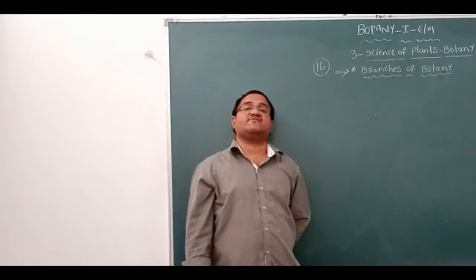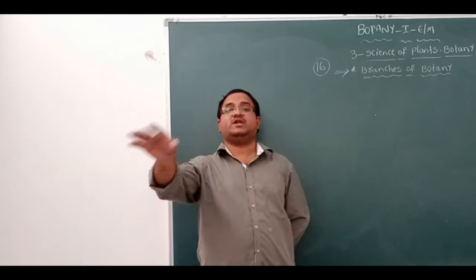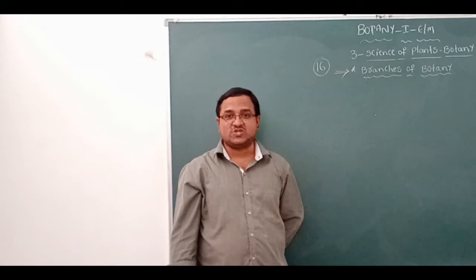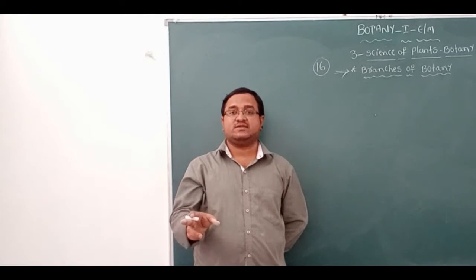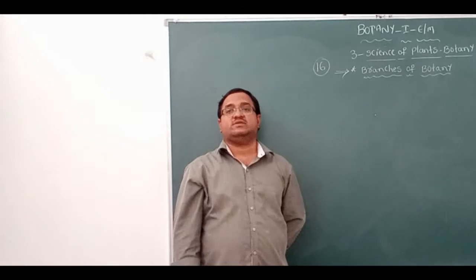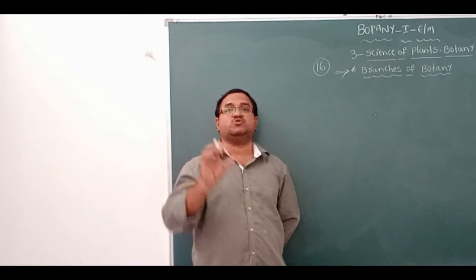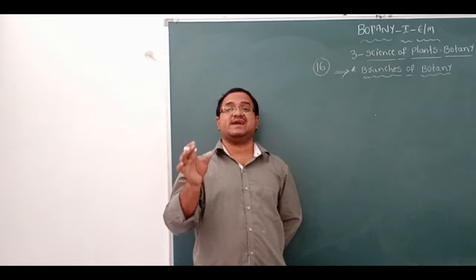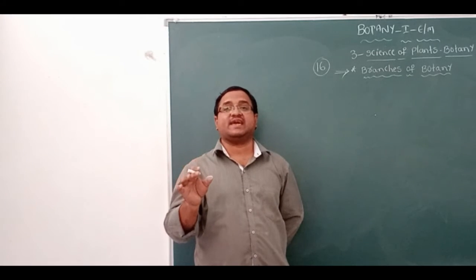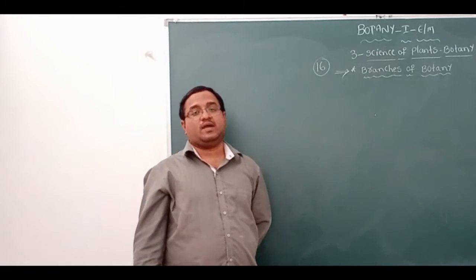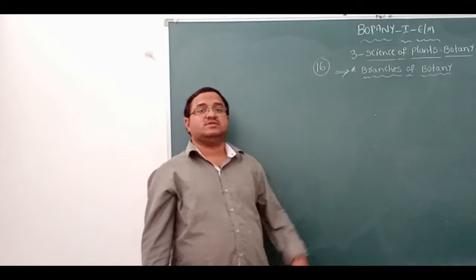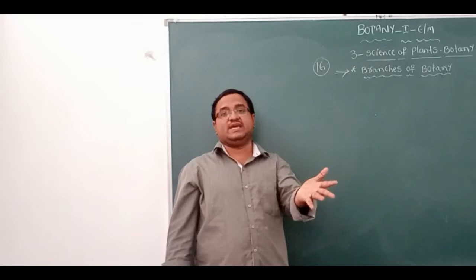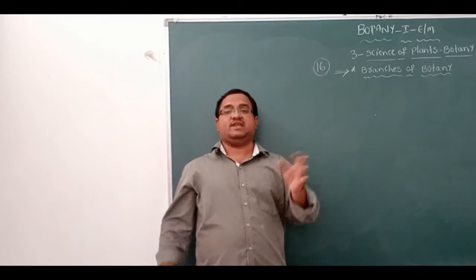This internal morphology is again subdivided into 2 sub-branches: one is histology, another one is anatomy. Histology means studying of tissues. Anatomy means studying and description of internal characters of the plant. That is anatomy. Next, second branch, cytology or cell biology, studying the structure and function of the cell.